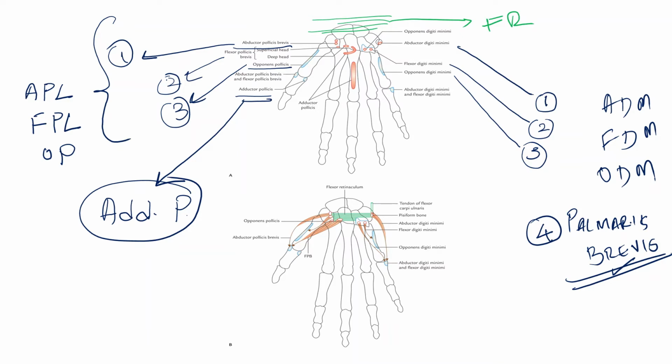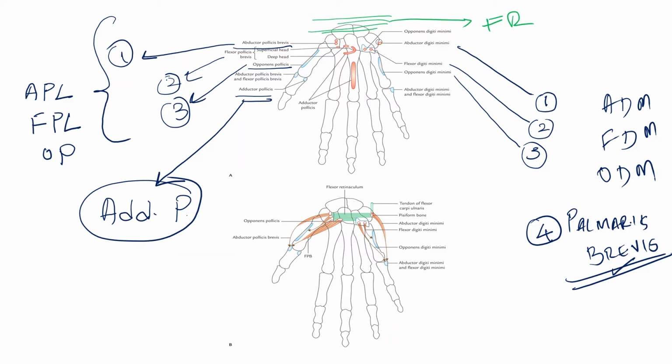Firstly, the attachment of abductor pollicis brevis. The abductor pollicis brevis takes its origin from the flexor retinaculum, then the lateral two carpal bones, that is the scaphoid and the trapezium.